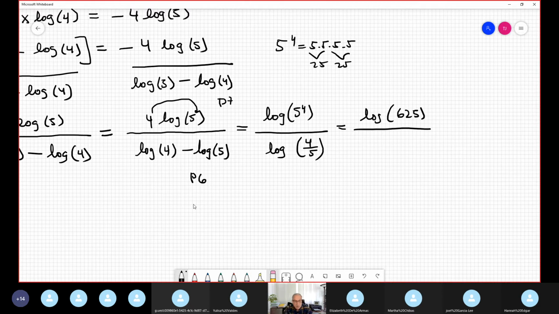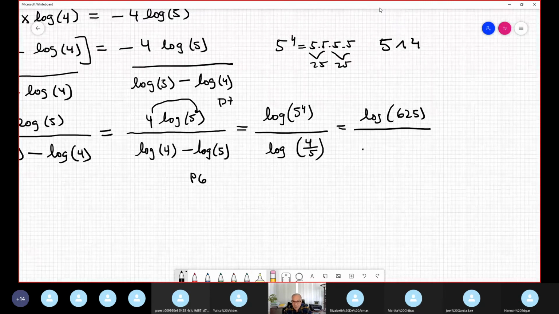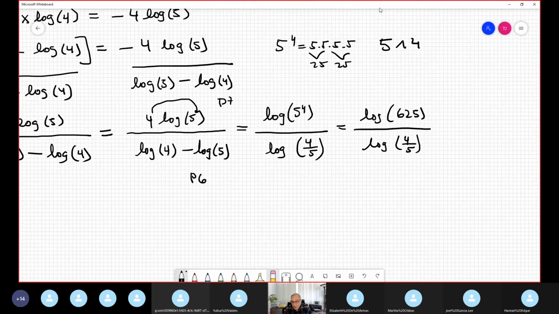I put 5 power 4. Boom, 625, divided by logarithm of 4/5. You put it like a fraction if you want, or in decimal. By the way, in decimal it is 0.8, but it doesn't matter.